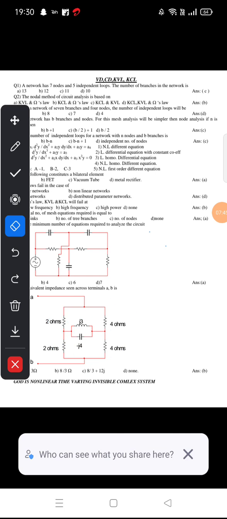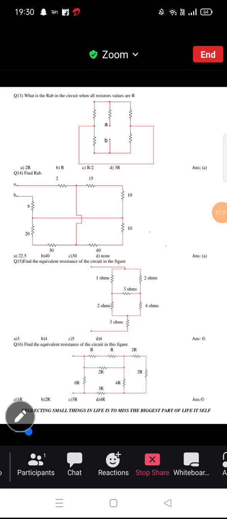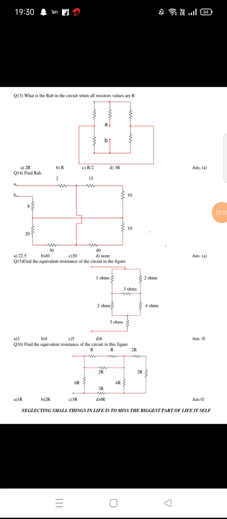Okay, next problem, find the equivalent resistance between A and B terminals. Now see here, all values are equal, that means all resistor values are equal.